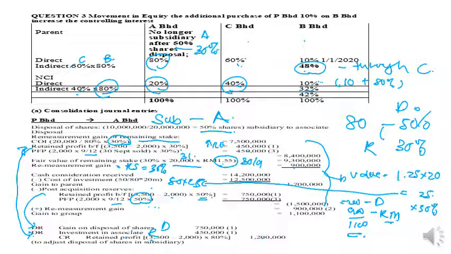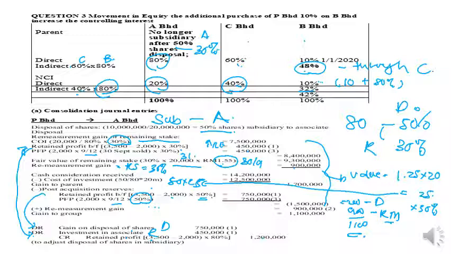7.5 here is the COI plus the RE brought forward. So RE brought forward 3.5 minus RE at the acquisition, times 30%, gives 450. This 450 is the increase in the RE. Then you also have a share of the profit.